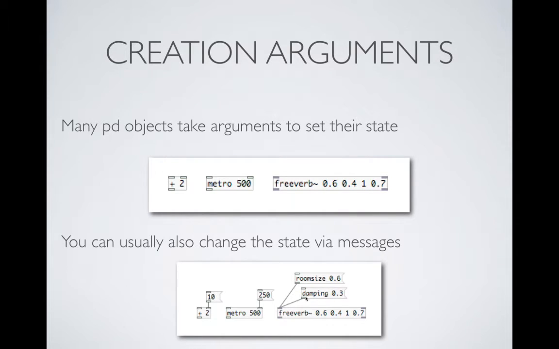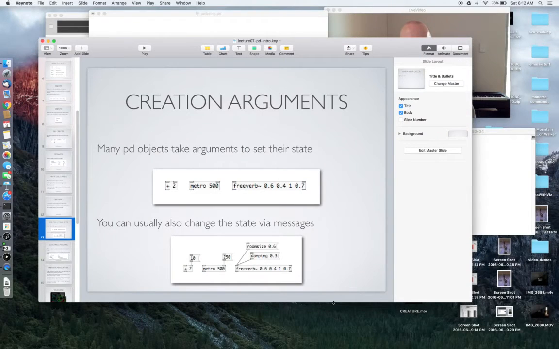You can do the same kind of thing with the reverb object here. In this case, we send these messages to the leftmost inlet, and we can set parameters, like setting the room size to 0.6 and the damping to 0.3. So you can check the documentation for every object to see exactly what messages it responds to and what the parameters are to set it up.